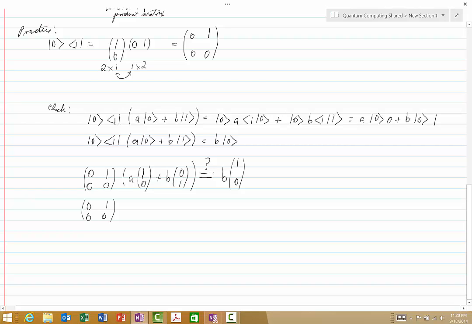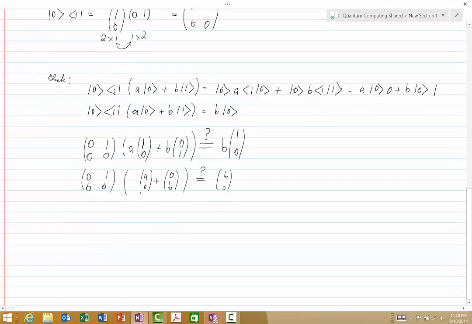We will have A times the column vector 1, 0 is the same as the column vector A, 0. And B times the column vector 0, 1 is the same thing as the column vector 0, B. And over here on the right hand side, B times the column vector 1, 0 is B, 0.